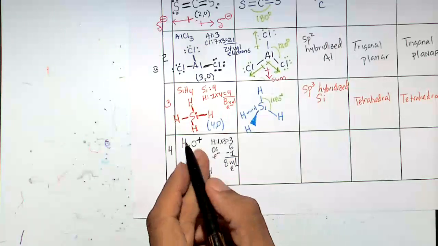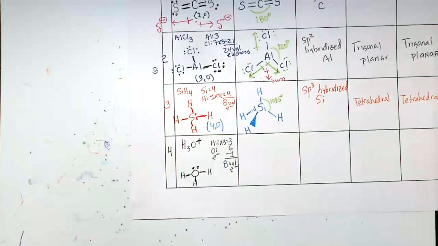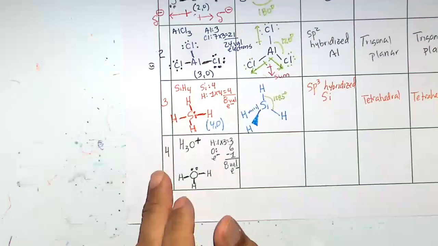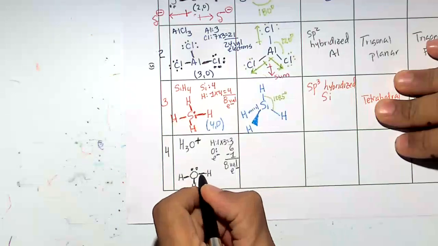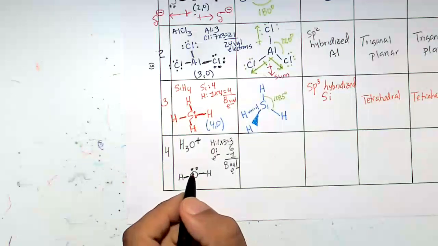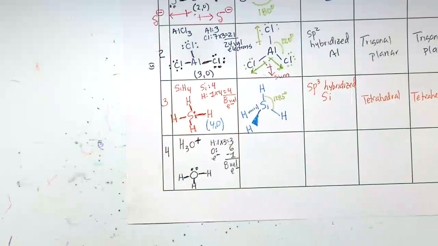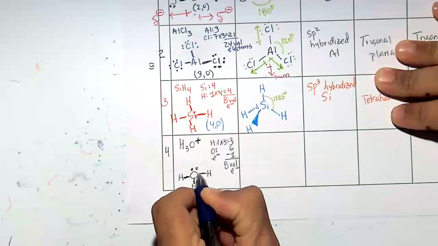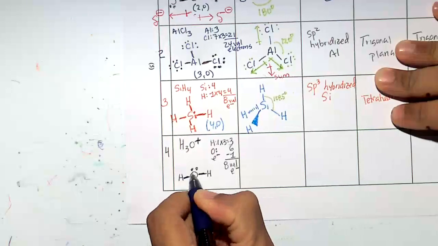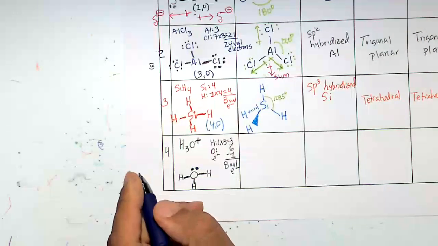Okay, so let's do formal charge. Let's do this hydrogen. 1. What is hydrogen happy at? 1. What's 1 minus 1? 0. Okay, octet rule. 1, 2. That's perfectly fine for hydrogen. Okay, this oxygen, let's do this oxygen together. Let's do octet for this oxygen. 1, 2, 3, 4, 5, 6, 7, and 8.